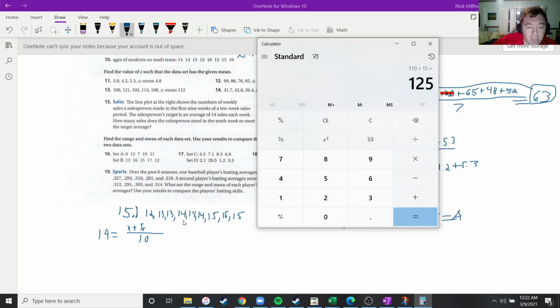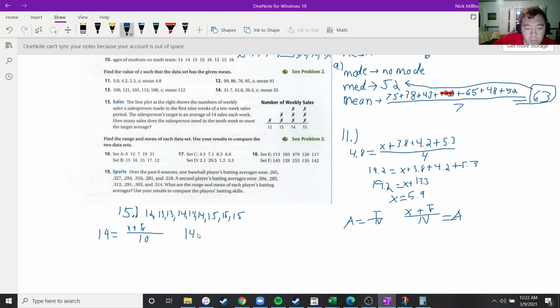So that means that 14 is equal to x plus 125 divided by 10, multiplied by 10, and you're going to have 140 is equal to x plus 125. X will equal 15. That means that in our 10th week, we have to have 15 sales in order for it to average out to 14 sales a week.